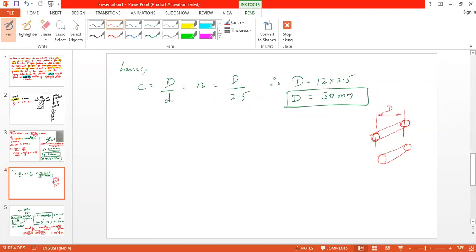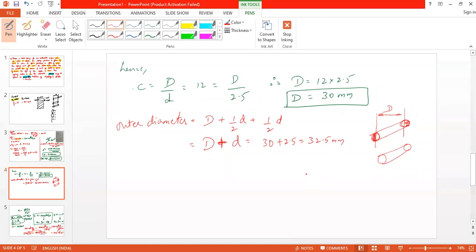Outer diameter is D plus half of the wire diameter here and half of the wire diameter here. And inner diameter is nominal diameter minus half of the wire diameter on each side.